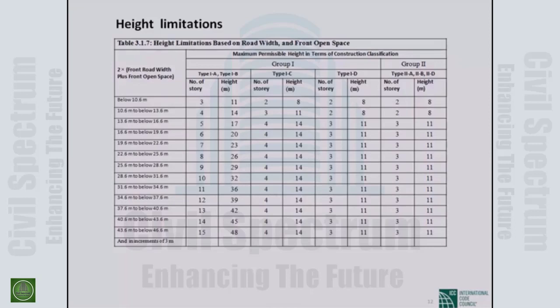So if you would like to go for more than a 6-story building, you have to be in type 1A or type 1B. If it is less than that, then you can choose 1C or B. Type 1 is non-combustible material. Type 2 is combustible material. So this is the variation. I will come to the detail of type 1 and type 2 later. Here I just want to show the height limitation.